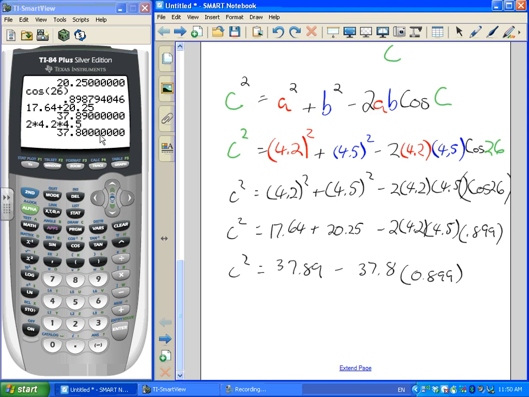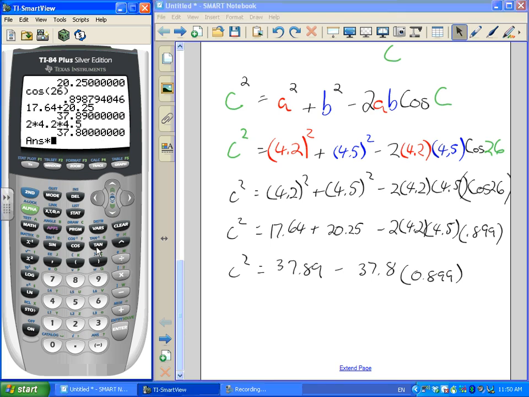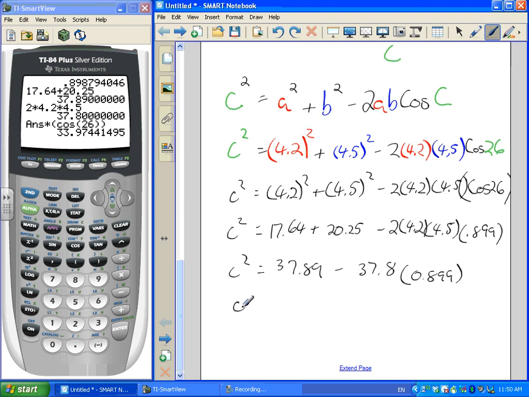But when I type it in my calculator, I'm going to retype it as cos 26. So I have 37.8 from before, multiplied by, I'm going to put bracket cos 26 and brackets. So the calculator is going to solve cos 26 and then multiply it from my answer from before, which is going to give us our new number of 33.97.